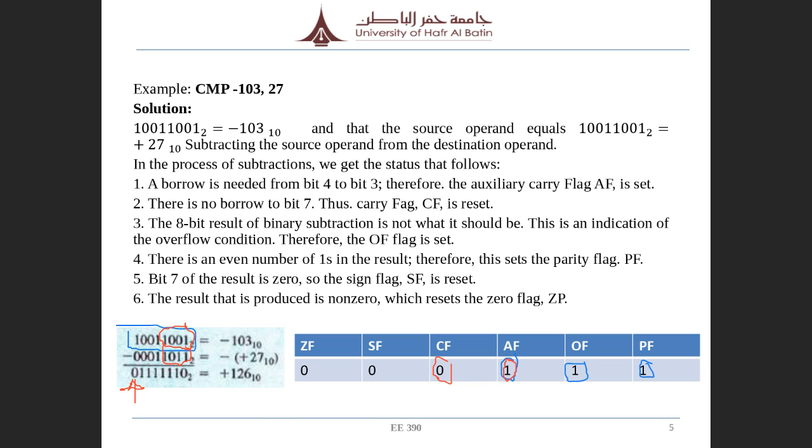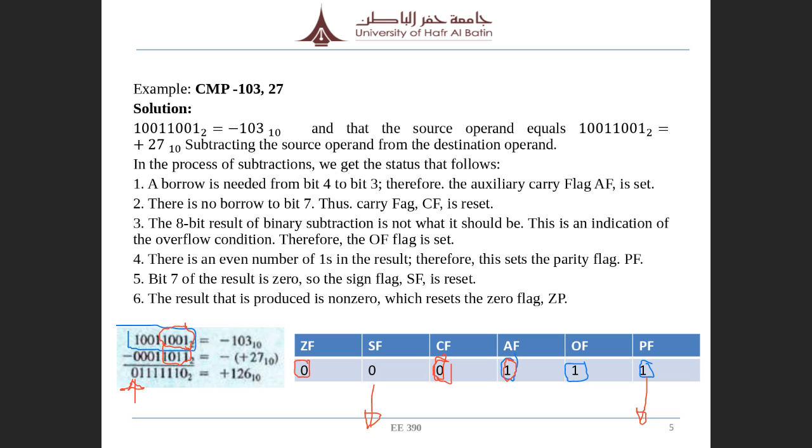Oh, no, carry flag: without looking at the result, we can tell it, because 1001, you are subtracting 1011. So this one is lower than this one, so definitely the carry flag is reset. There will be no final borrow. Zero flag also, because they are not equal. So we only have to look at the result for the parity flag and sign flag.